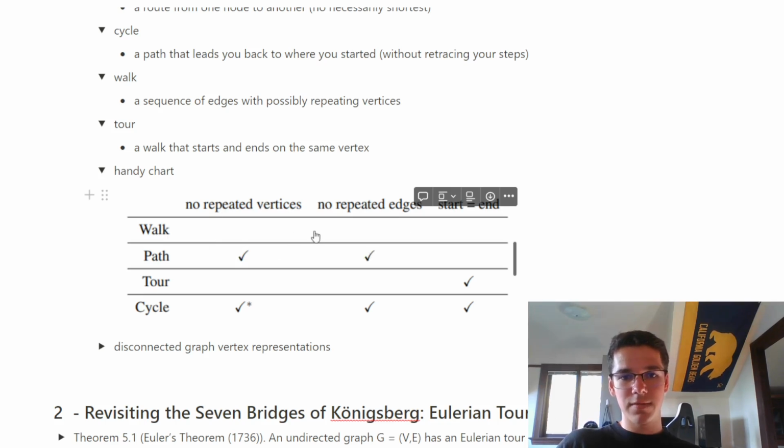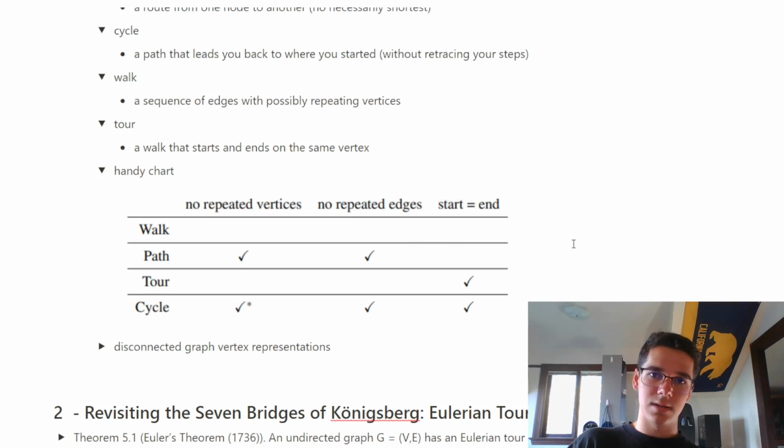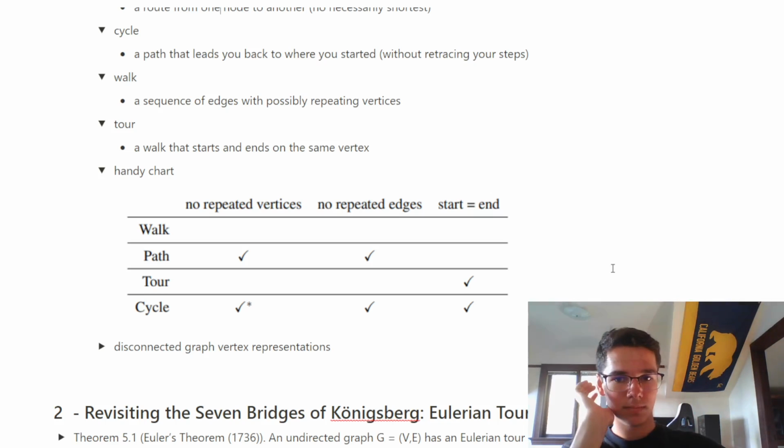We can repeat vertices for a walk, we can repeat edges for a walk, and start is not necessarily equal to the end. For a path, we don't retrace any of our steps, and the start is not necessarily equal to the end. In a regular old tour, the start must be equal to the end, and we can't repeat.